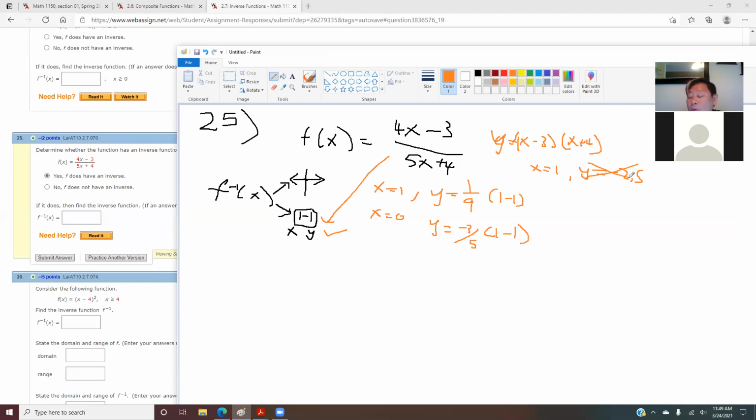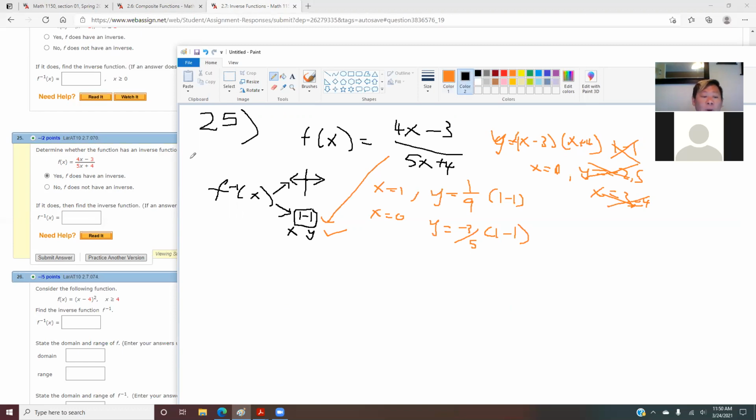So this is not 1-to-1 because you got two y answers. Let's put 0. That's better. You got two answers, 3 and -4. So make sure this is not 1-to-1. This is the way you prove if it's 1-to-1: plug in any x value you want. If you get one y answer, it's 1-to-1.